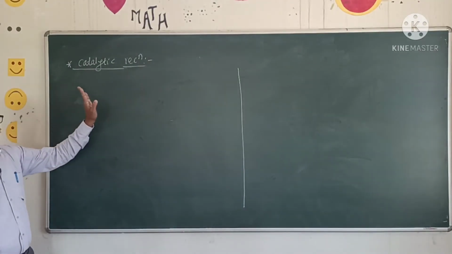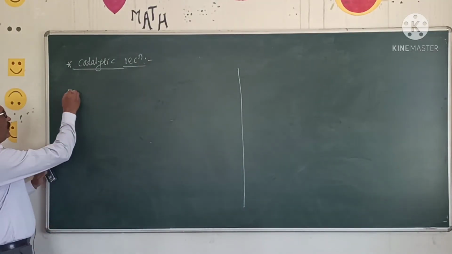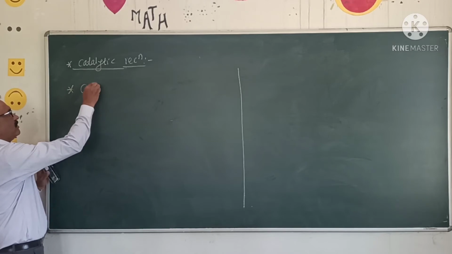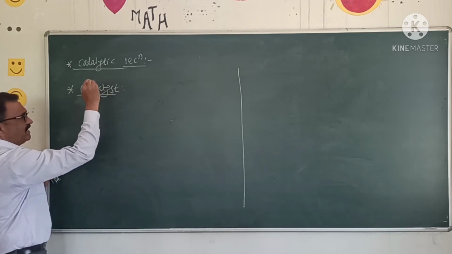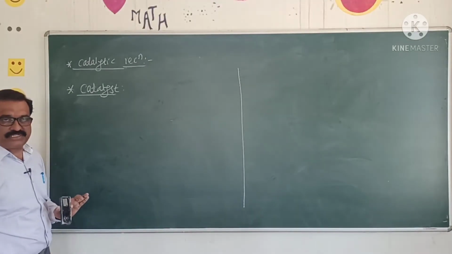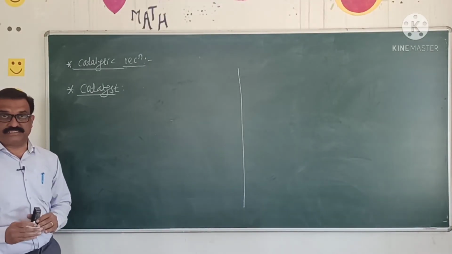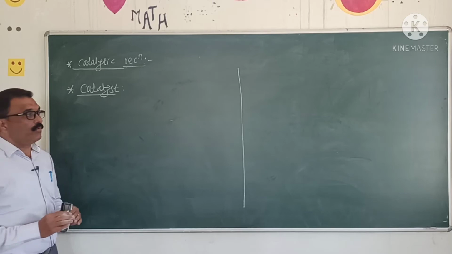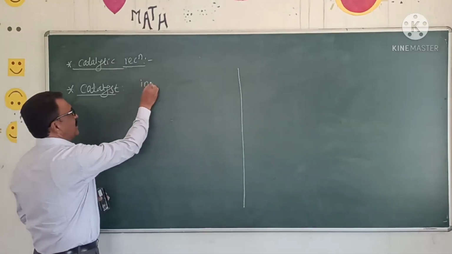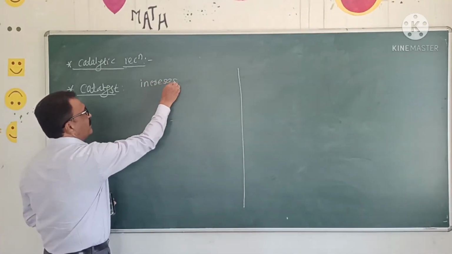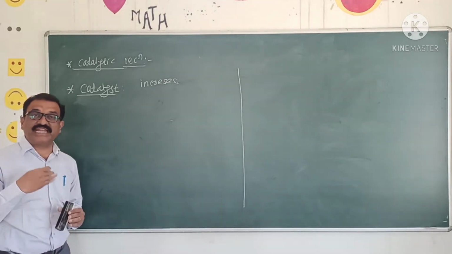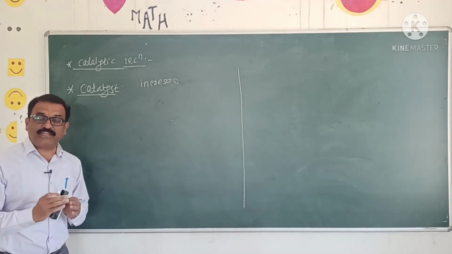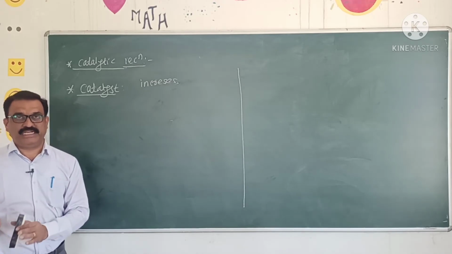A catalytic reaction. First of all, we all know about a catalyst. What do you mean by a catalyst? A catalyst is a substance which can increase the rate of a given chemical reaction.